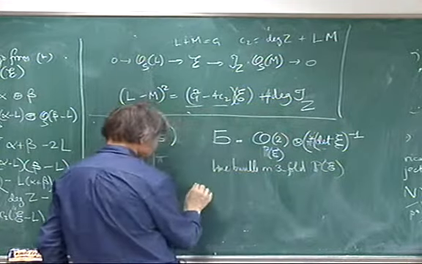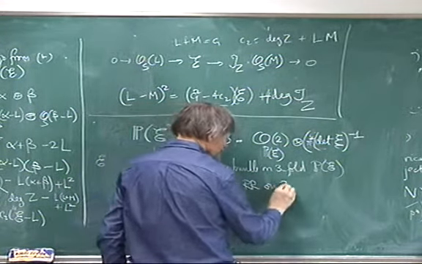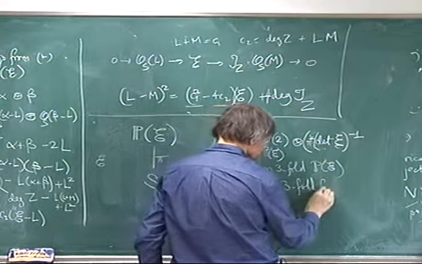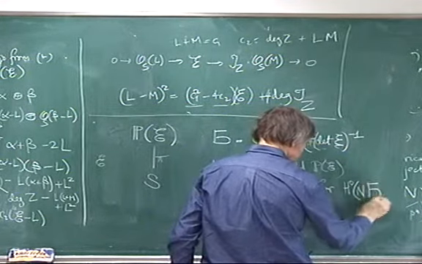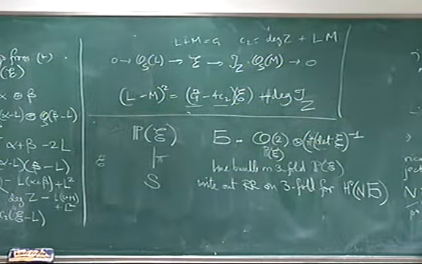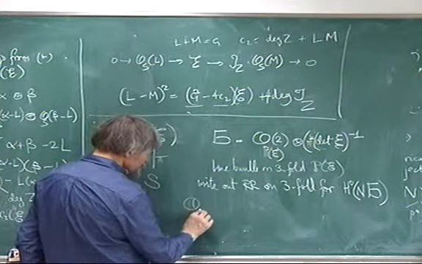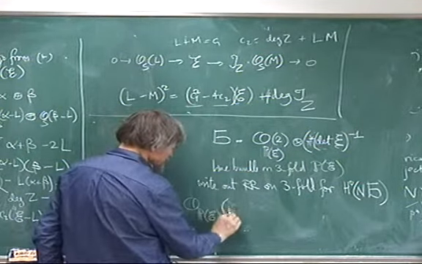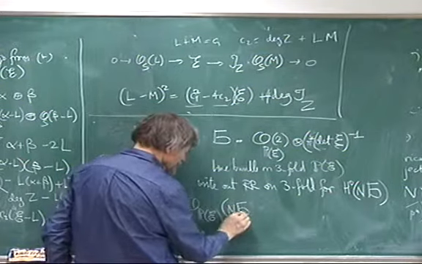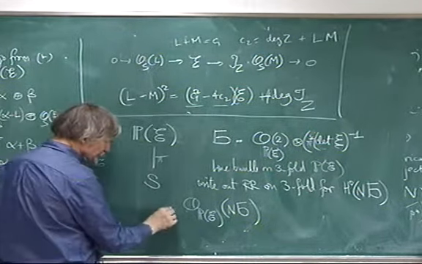One idea would be to write out Riemann-Roch on a threefold for H naught of n times B. An alternative, which is what we're actually going to do, is take the line bundle O_PE of n times B. What happens when I push this down?